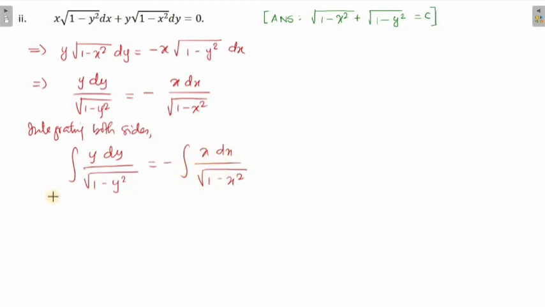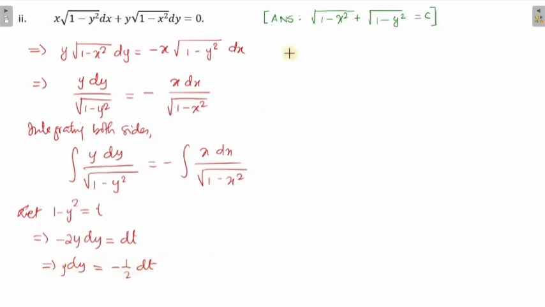Okay, so if I ask you what kind of integral is this, then this is integration by substitution. So let's do the substitution then. Let 1 minus y square is equals to t. So from here you arrive at minus 2y dy is equals to dt, and from here you get y dy is equals to minus half dt.